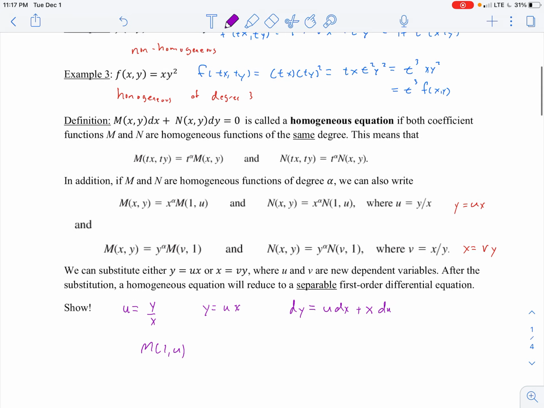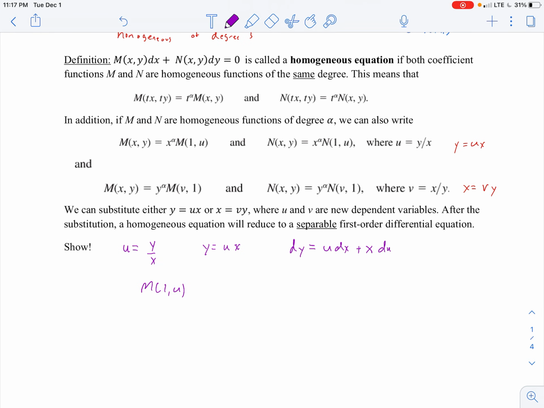And then we'll say dx plus N of 1, u. But instead of saying dy, we have a different y. Our different y is going to be u dx plus x du. And we're going to set that equal to 0.